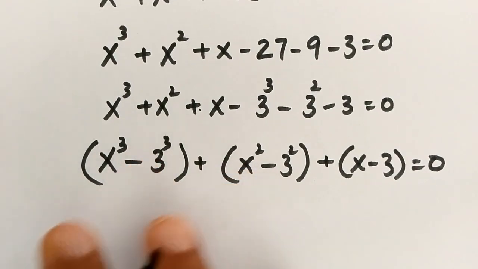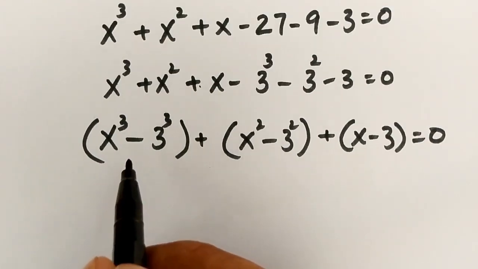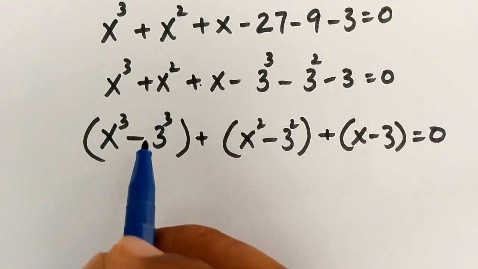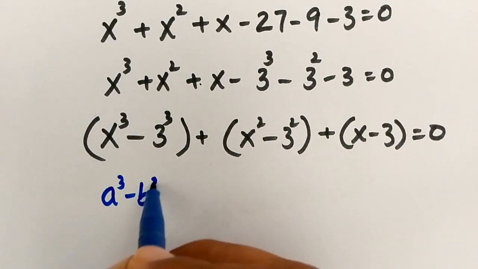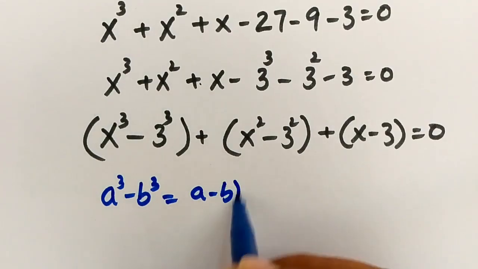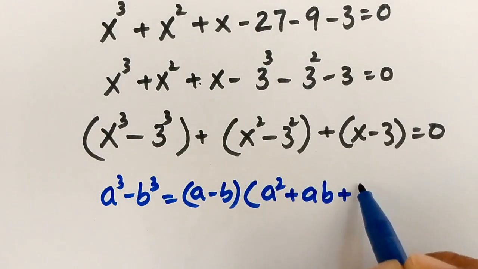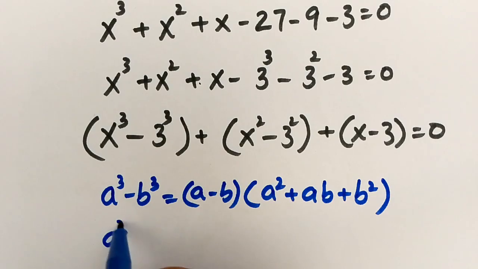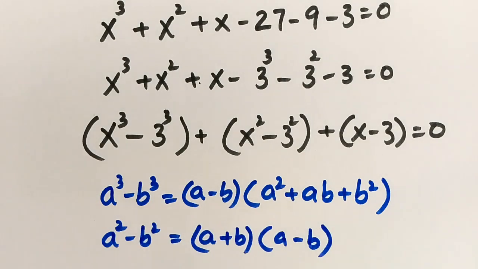Now, for x to the power of 3 minus 3 to the power of 3, we have to use this identity: a to the power of 3 minus b to the power of 3 is equal to a minus b times a square plus ab plus b square. And for this we have to use this identity: a square minus b square is equal to a plus b times a minus b.